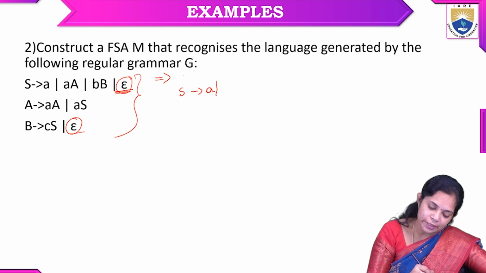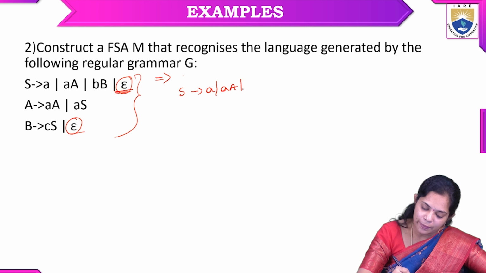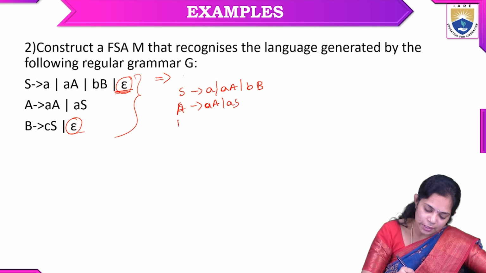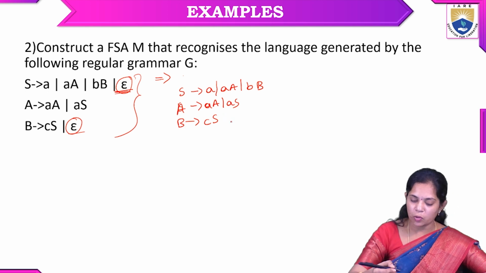We will elaborate this A, B, B, and we are just removing for now, and we will add A tends to AS, and next B tends to CS, and epsilon we are not including.